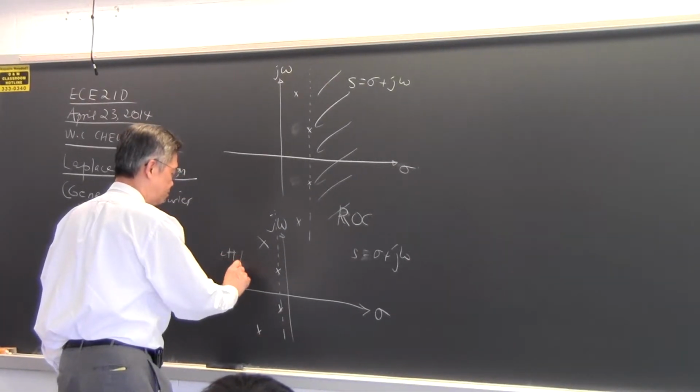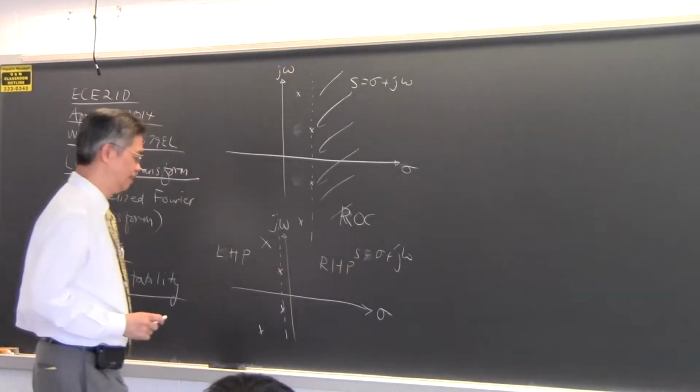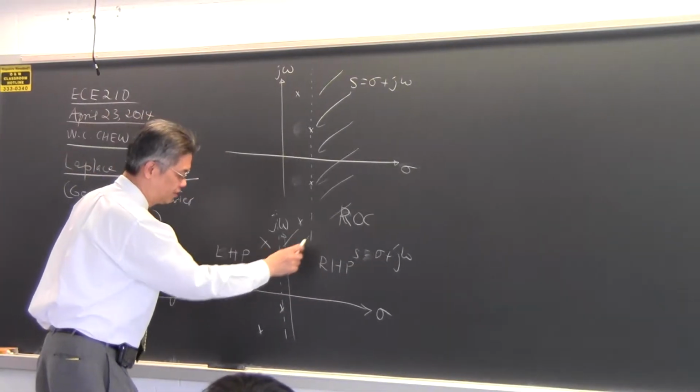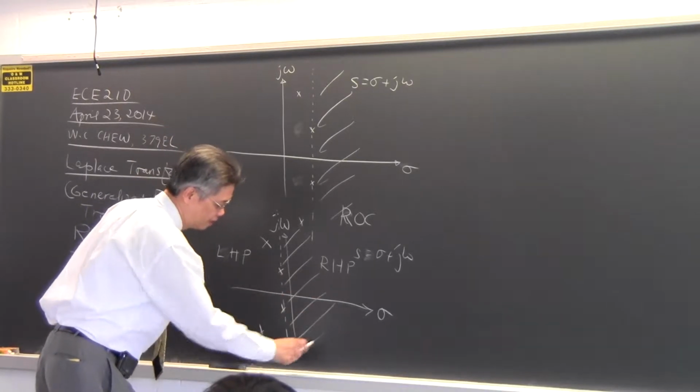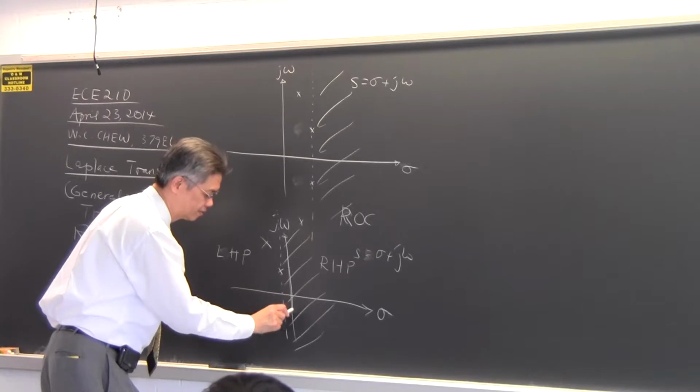This is called the left half plane, and this is usually called the right half plane. And the region of convergence will then contain the imaginary j omega axis.